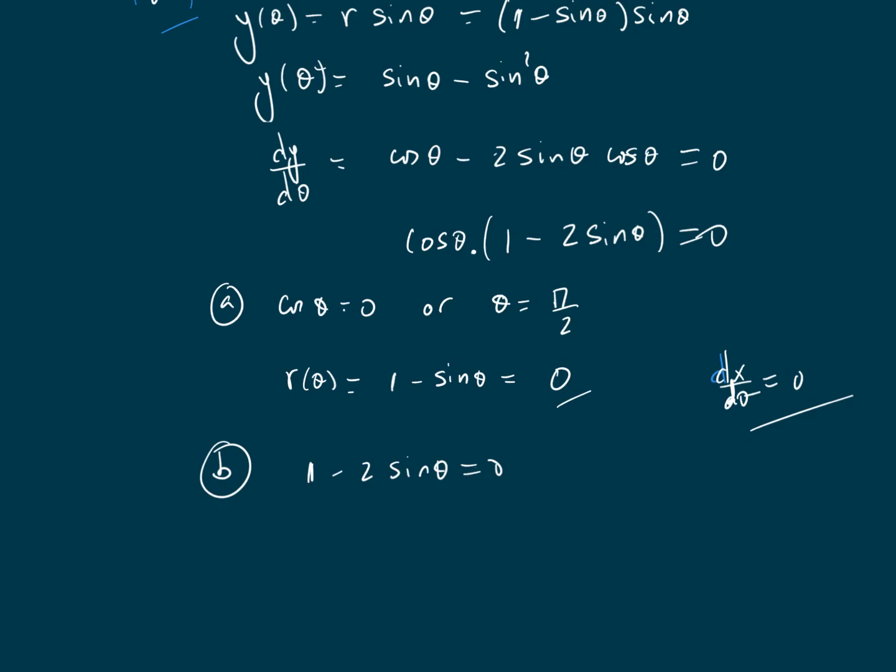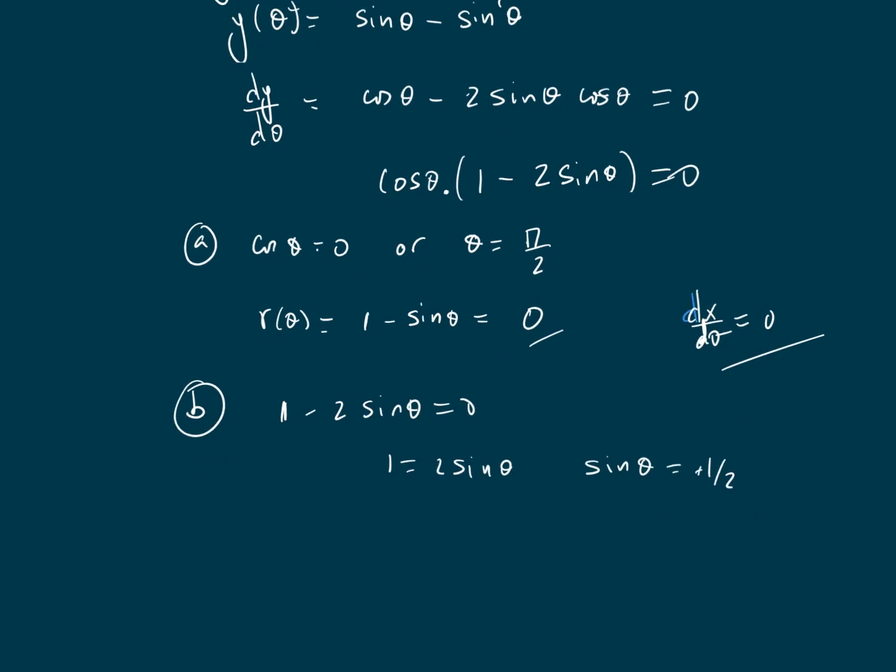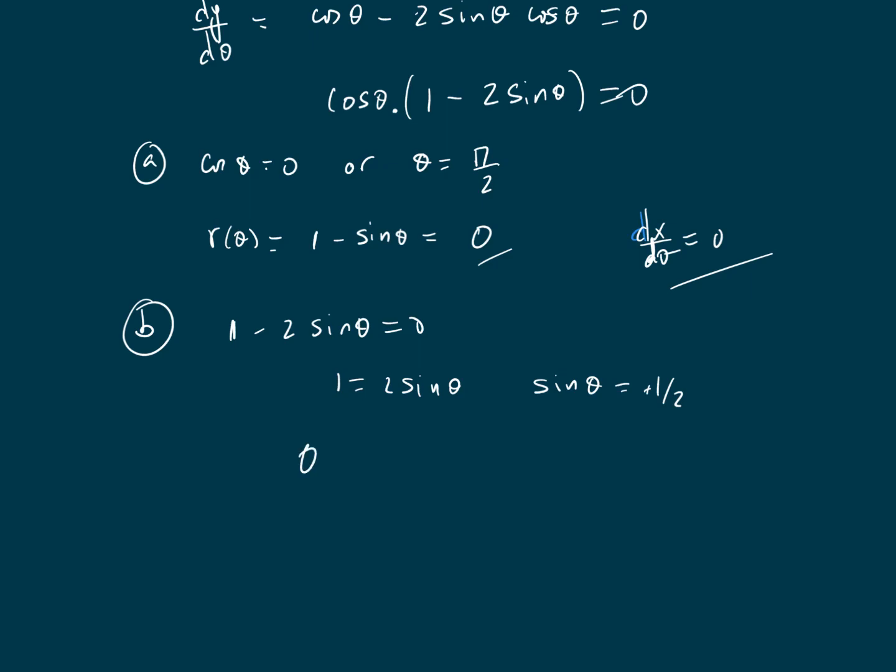When 1 minus 2 sine of theta is 0, it means that 1 is 2 times sine of theta, so sine of theta is positive 1/2. Sine of theta is positive 1/2 when theta equals pi divided by 6, 30 degrees, or theta equals pi minus pi divided by 6.